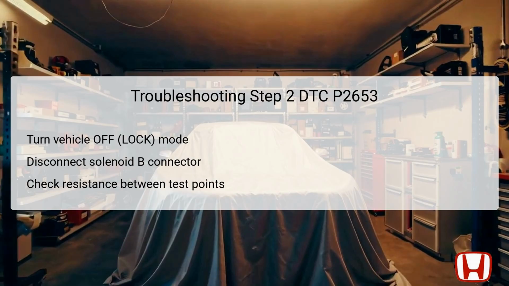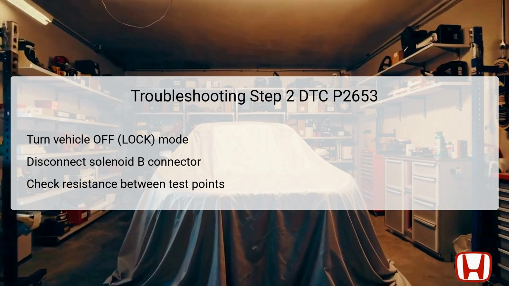Once DTC P2653 has been confirmed, the next step is to check the internal resistance of the rocker arm oil control solenoid B. Begin by ensuring the vehicle is turned off and locked. Disconnect the 2P connector from the rocker arm oil control solenoid B to isolate it from the circuit. Using a multimeter, measure the resistance between the test points at the solenoid's connector.